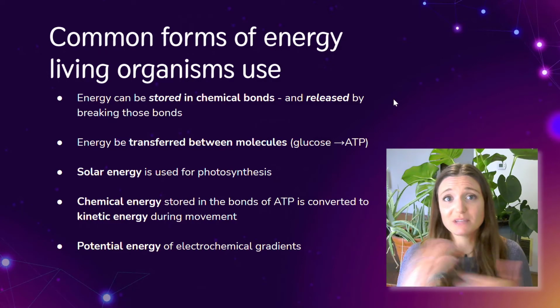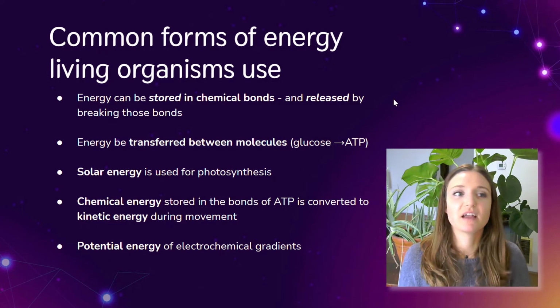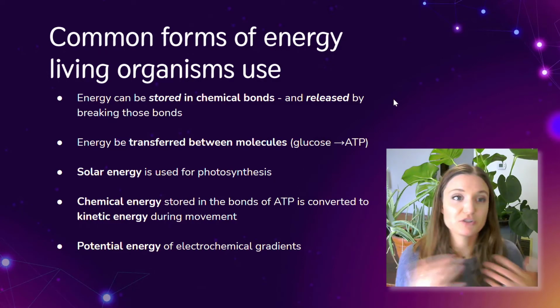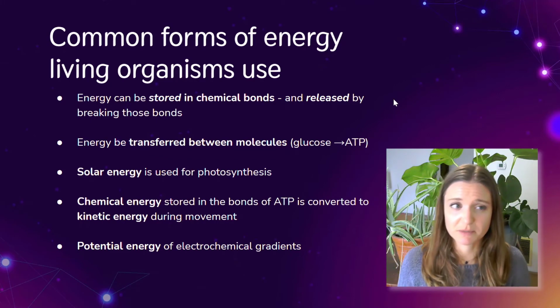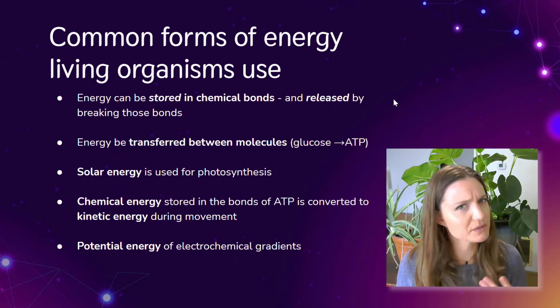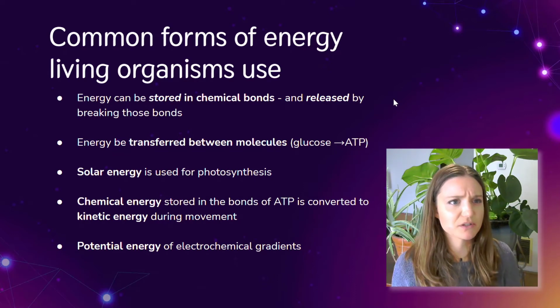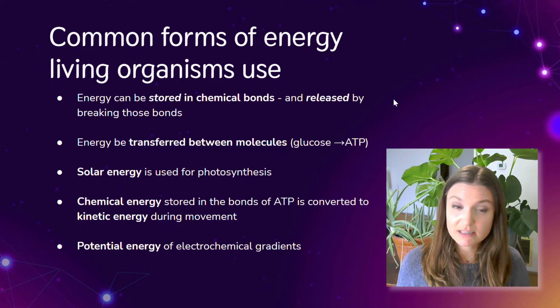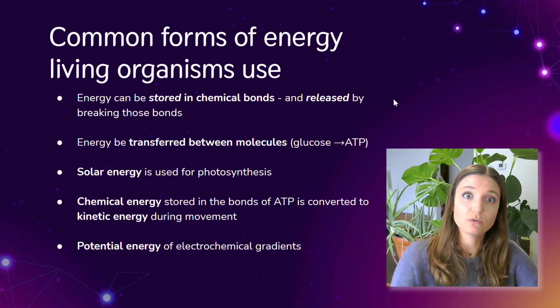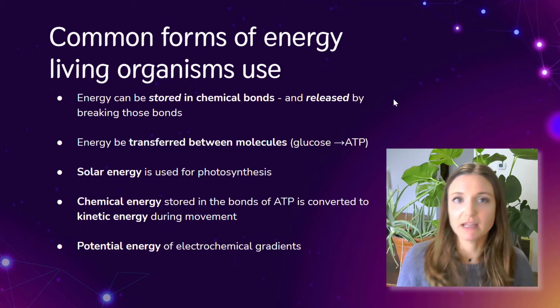So cells use energy like money, right? And they can use energy in many different forms, and they're constantly exchanging energy between these forms. So here are some common forms of energy that cells are using, that living organisms are using. They'll often store energy in the form of chemical bonds, and then release that energy to do work, to do stuff within the cell by breaking up those bonds.